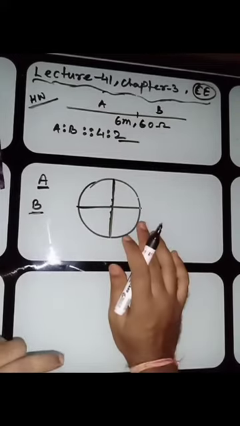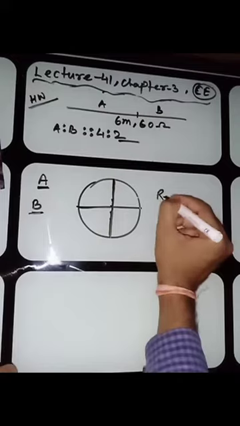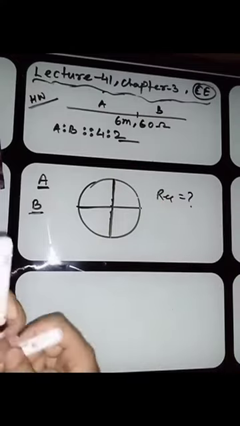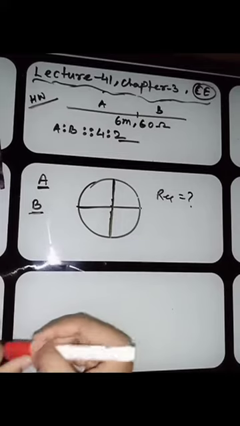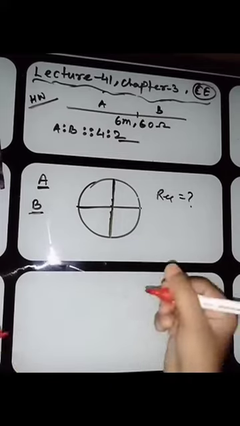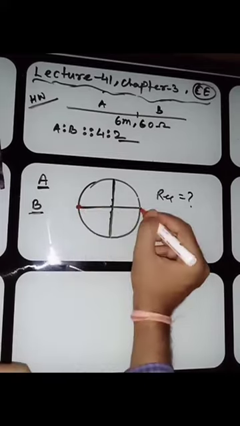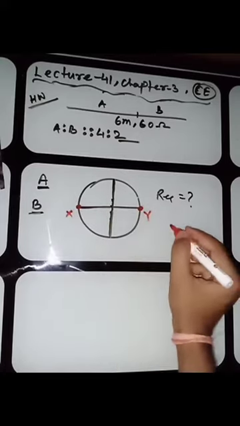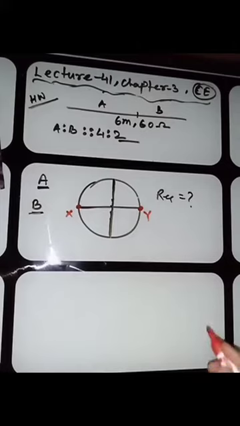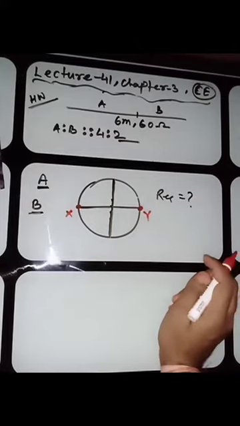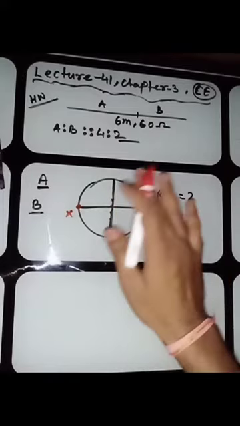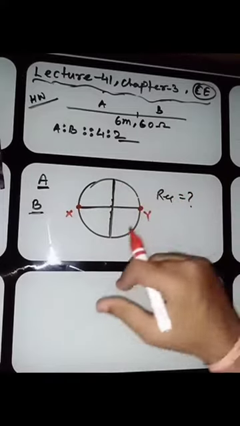You have to find R equivalent, what will it be, across any 2 ends of any diameter. Suppose you are taking these 2 diameters as X and Y, then you have to find the R equivalent across these 2 diameters. What will be the R equivalent? This is the complete question. I explained. I hope I am clear.